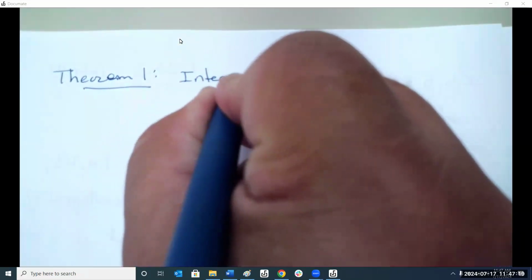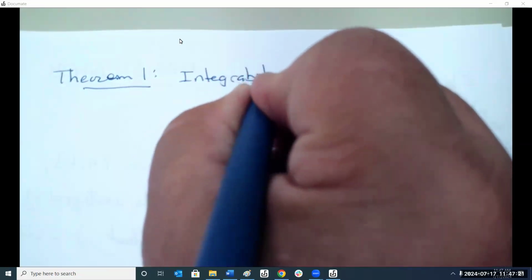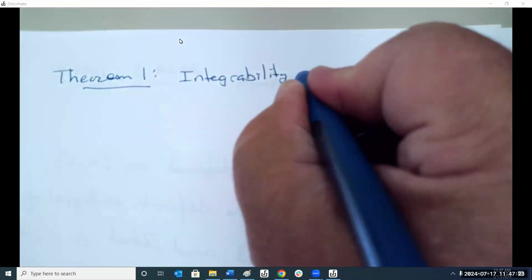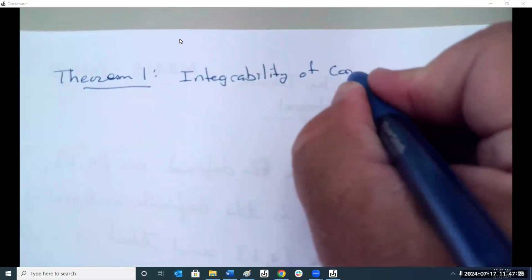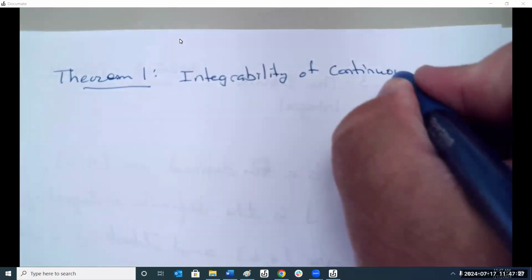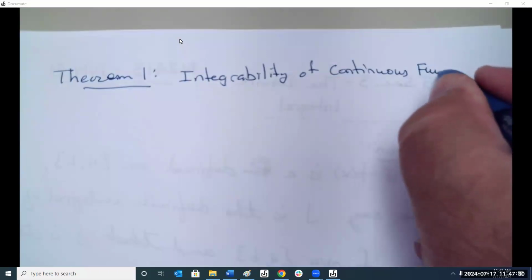So we have our theorem. Theorem 1: Integrability of continuous functions.